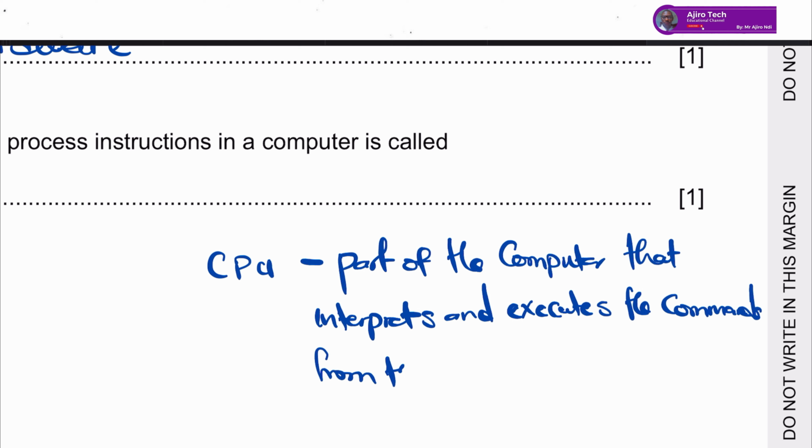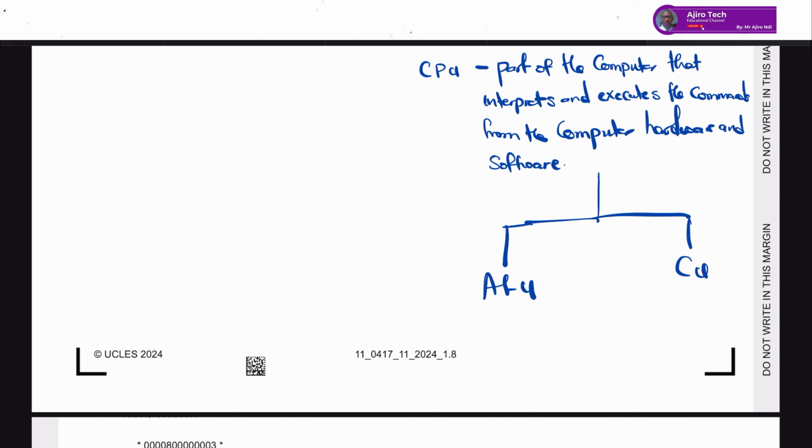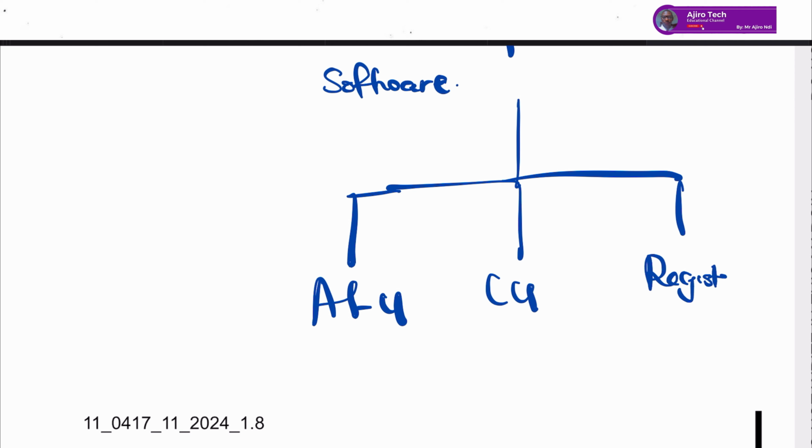And that is why we have them in this. So you probably see that we have the ALU and then we have the CU, and then we have a small memory location, which is called the register. So this here is a small memory location. The CU talks about the control unit.